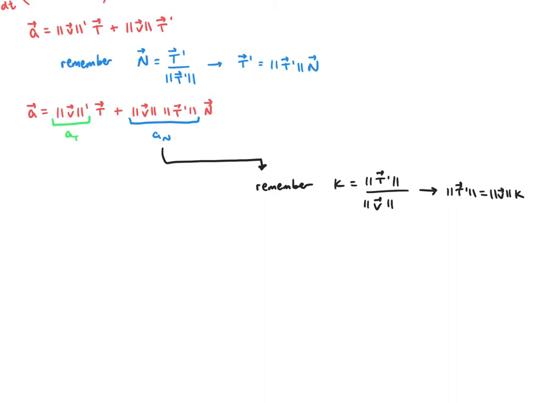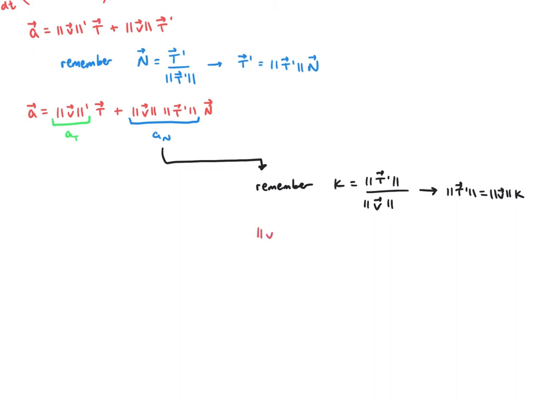And the reason I'm going to use this formula that we've used in the past is that I'm going to take this and substitute it in for the magnitude of t prime right here. So if I'm looking at just this element here, this scalar of n, I'm going to now rewrite it.